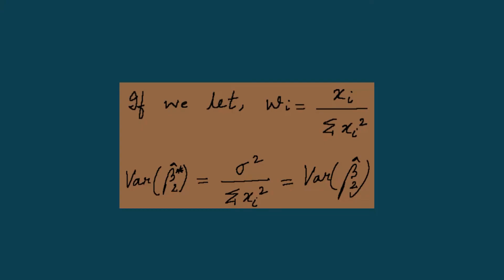Due to the assumption of zero autocorrelation, the cross term does not exist. So we boil down to the final step, which is variance of beta 2 hat as sigma square, which is constant, in the numerator, by summation of xi square.